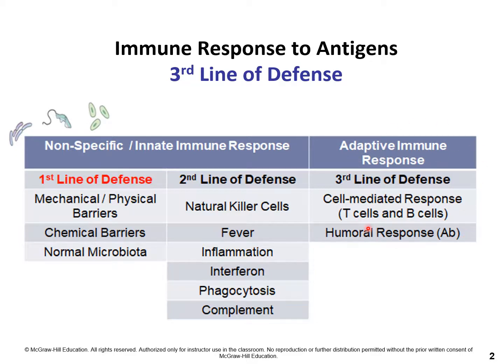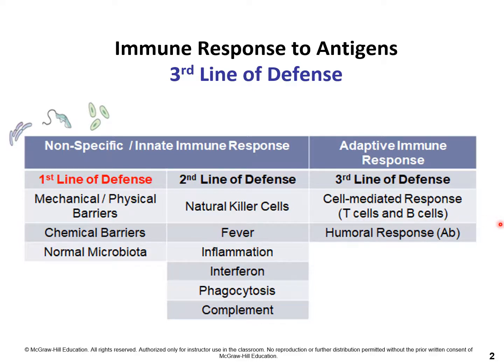The adaptive immune response involves white blood cells called lymphocytes, referred to as T cells and B cells. So we have T lymphocytes and B lymphocytes.